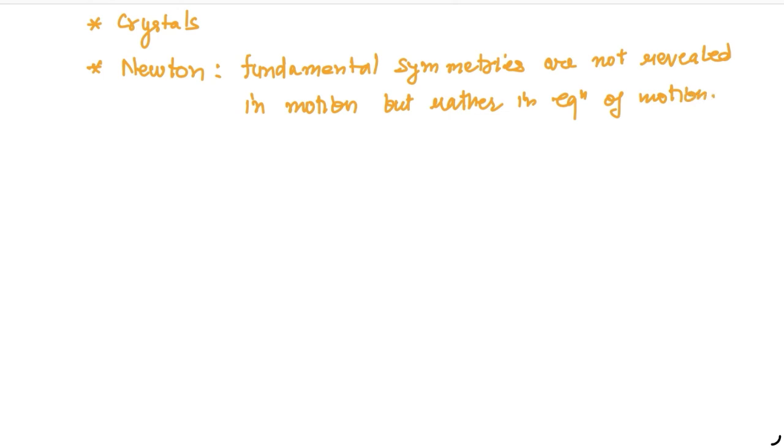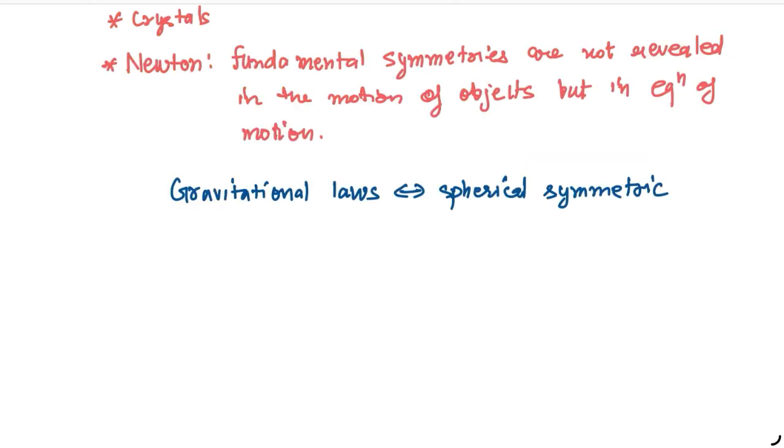What that means is that we know the gravitational laws of equation of motion are spherically symmetric, but the planets don't move in circles. We have elliptical orbits, so the symmetries are not revealed in the motion but rather in the equations of motion. It's hard to understand what symmetries are hidden in the system from the solution.